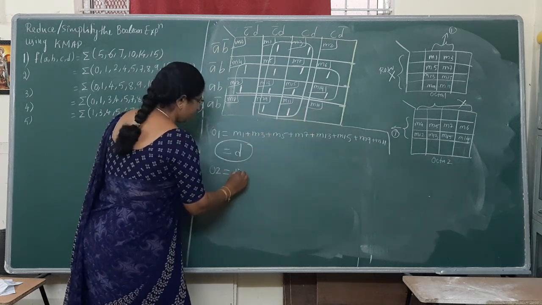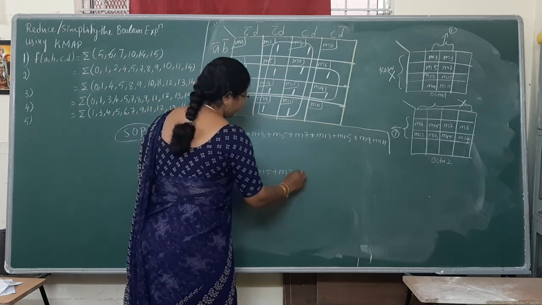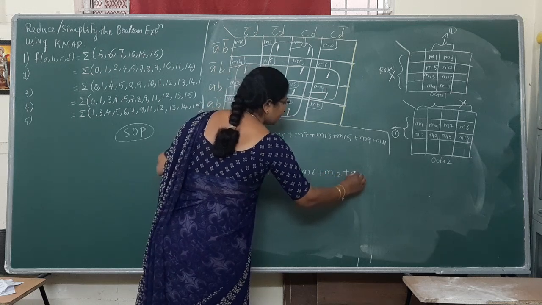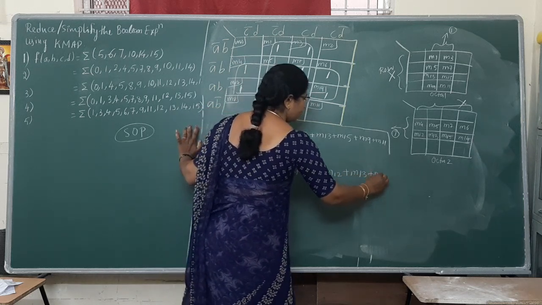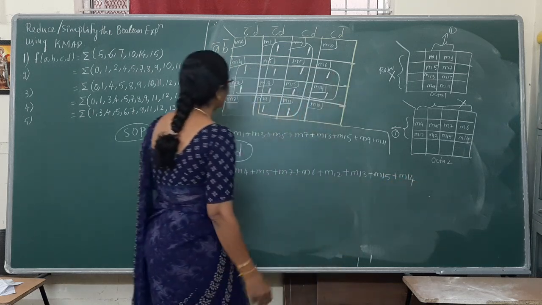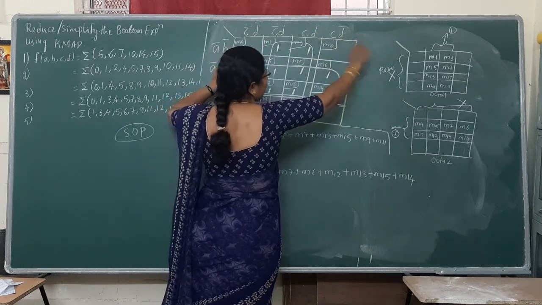Then what about octa 2? Octa 2 is M4, M5, M7, M6, M12, M13, M15 and M14. This one is a horizontal octa, columns get cancelled.